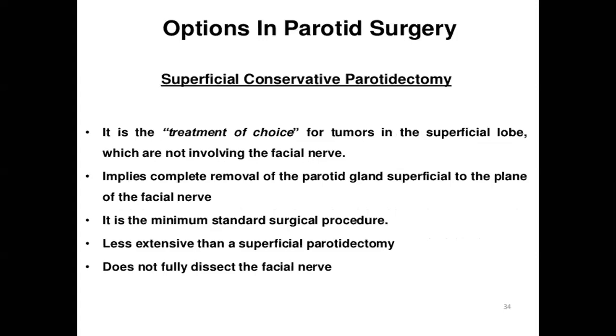Superficial conservative parotidectomy is the treatment of choice for tumors in the superficial lobe which are not involved with the facial nerve. It implies the complete removal of the superficial part of the gland, with the facial nerve dissected. It is the minimum standard surgical procedure, less extensive than superficial parotidectomy.